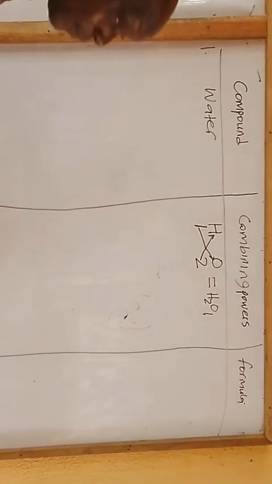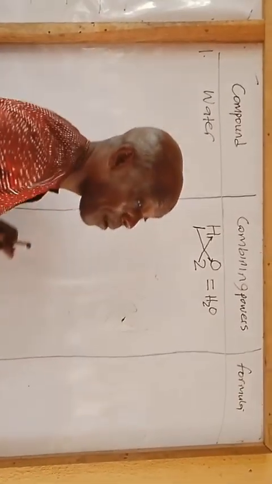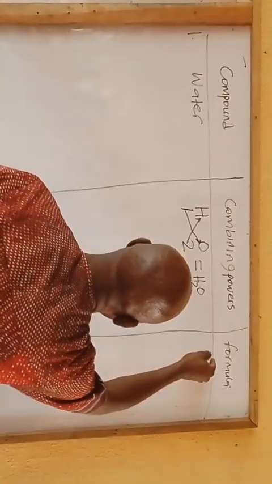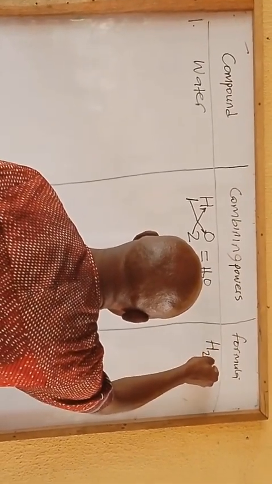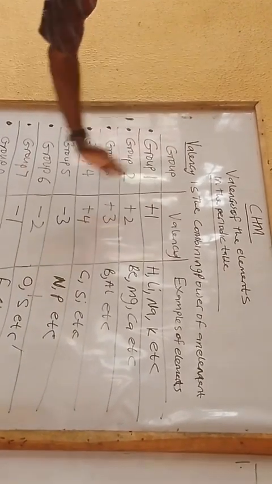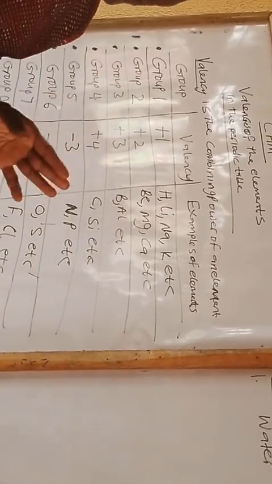But in chemistry, 1 is never written down as a combining power, so we cancel it. That is why water anywhere around the world is H2O. It's from their valency. Very simple. Many students just cram. They don't know that this thing has a basis. Everything in chemistry has its basis.